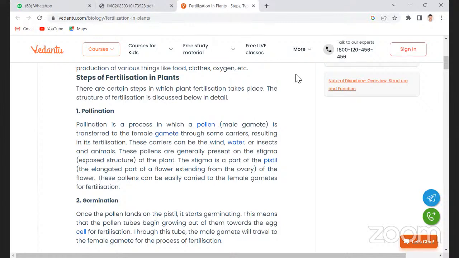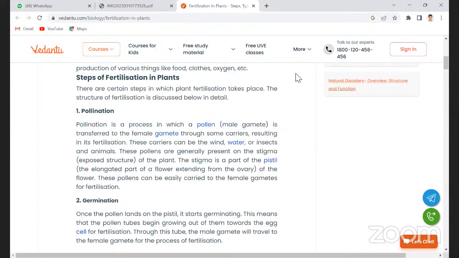The stigma is a part of the pistil, the elongated part of the flower, and the pollen can be easily transferred to the female gametes for fertilization. During pollination, the pollen grains reach the stigma and germinate by producing the pollen tube.